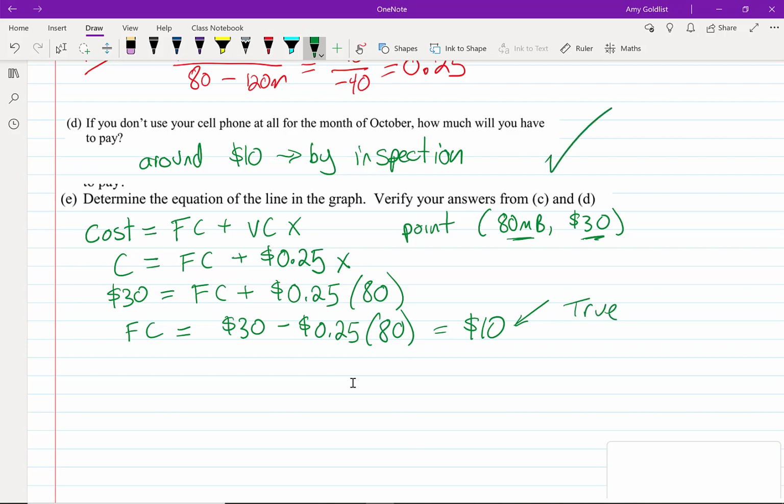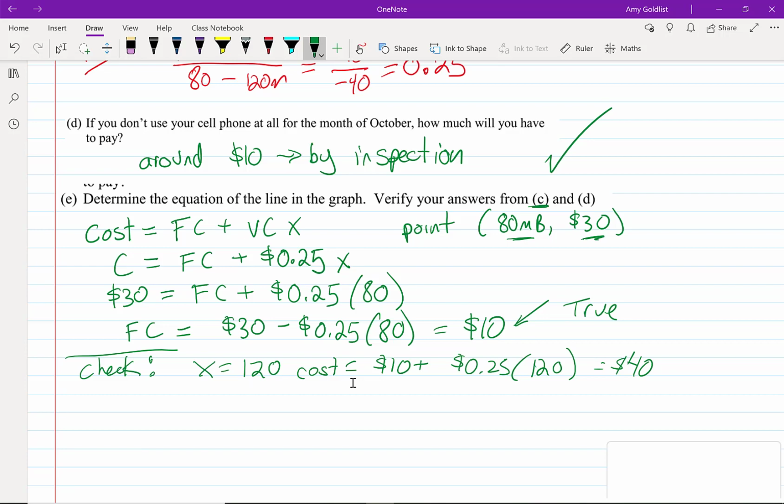D. Now let's look at how much C is our slope, and that is already there. So now let's just check our work by putting in every single point. So X equals 120, cost equals $10 plus 25 cents times 120, that's $40.